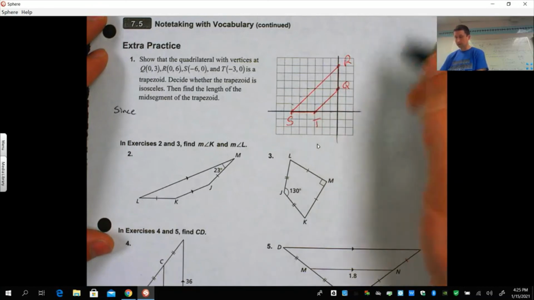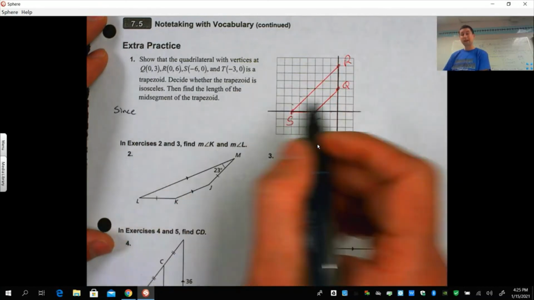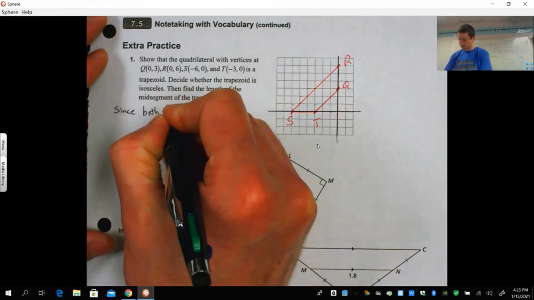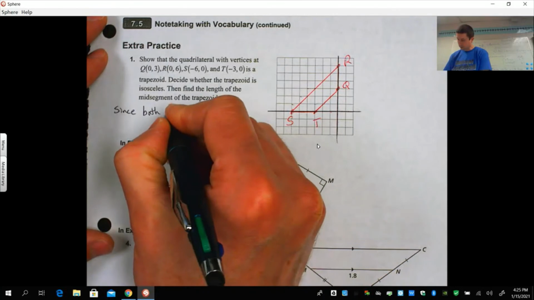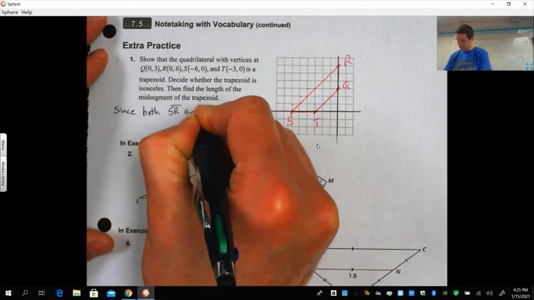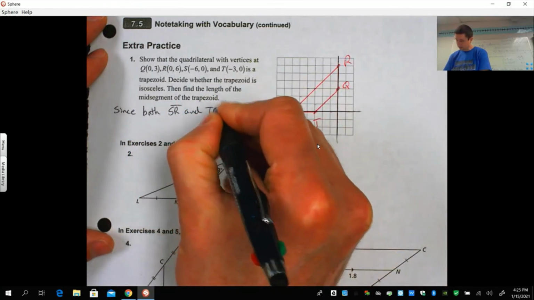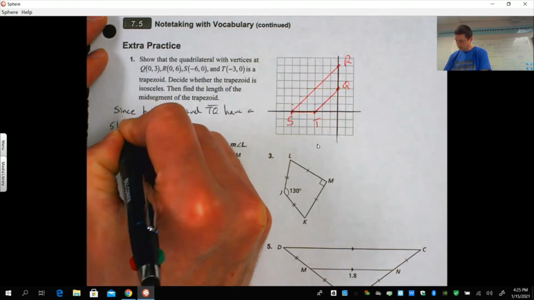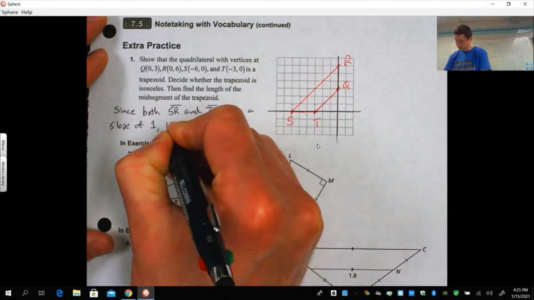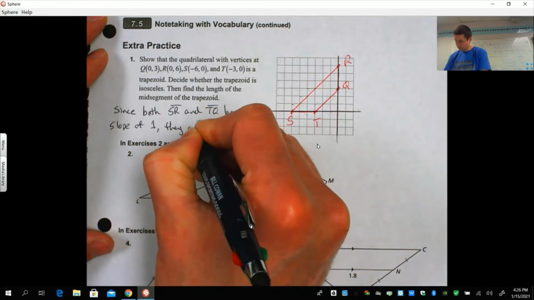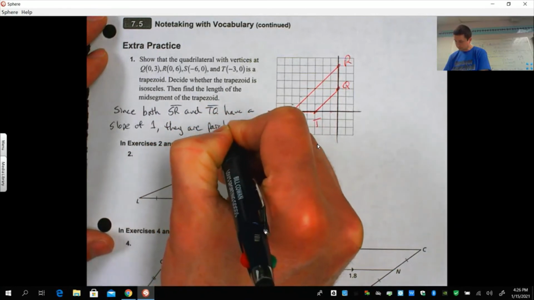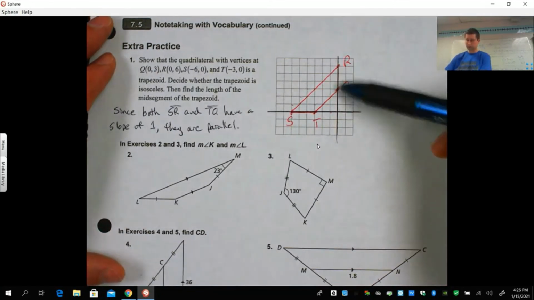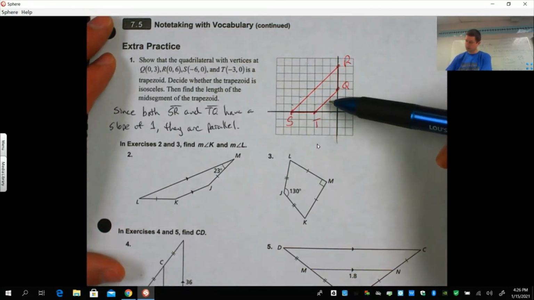So both lines have a slope of 1. So since both SR and TQ have a slope of 1, they are parallel. Okay. So we have one set of opposite sides parallel. RQ is clearly not parallel to ST.